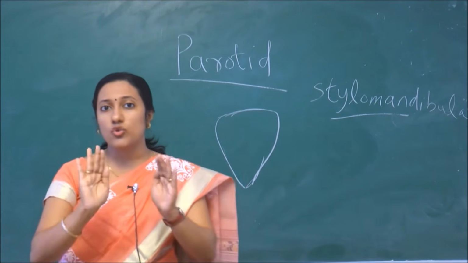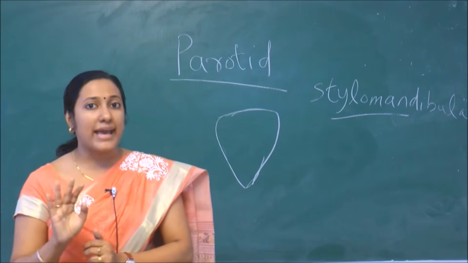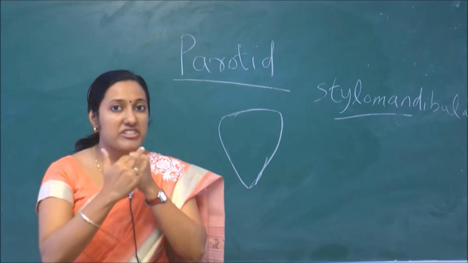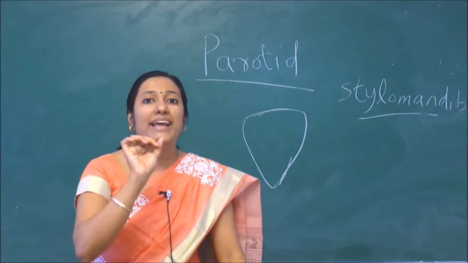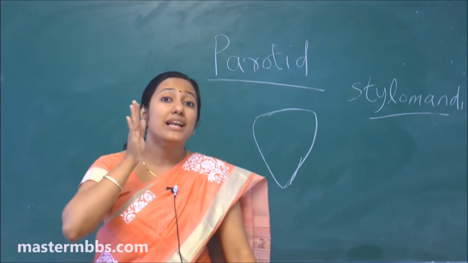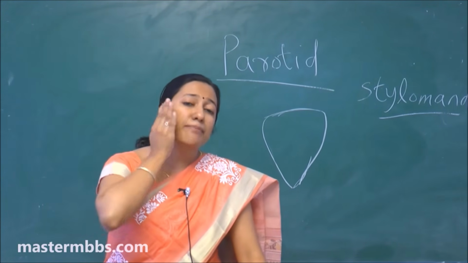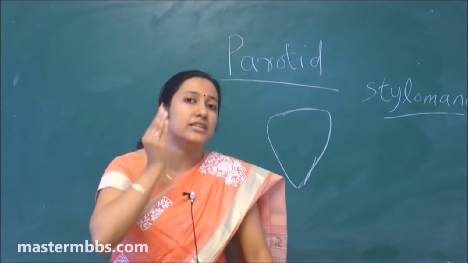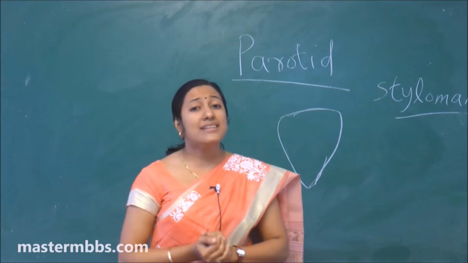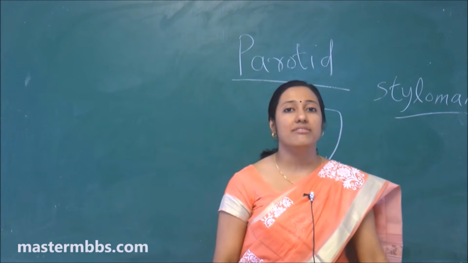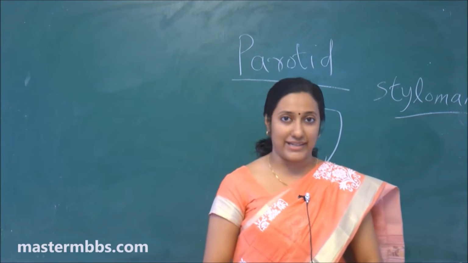So, the coverings: true and false capsule. The false capsule splits into two, a superficial lamina and a deep lamina. The deep lamina's modification is the stylomandibular ligament, which will separate the parotid gland from the submandibular gland. So that is about the coverings of the parotid gland.